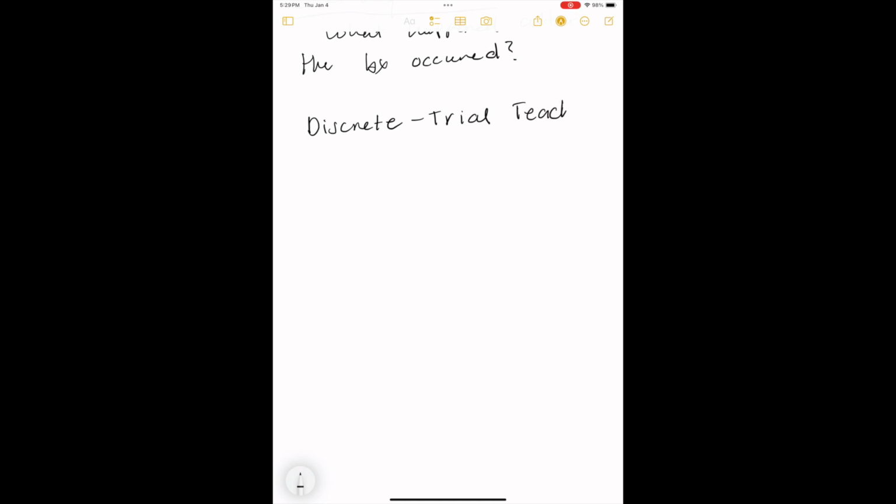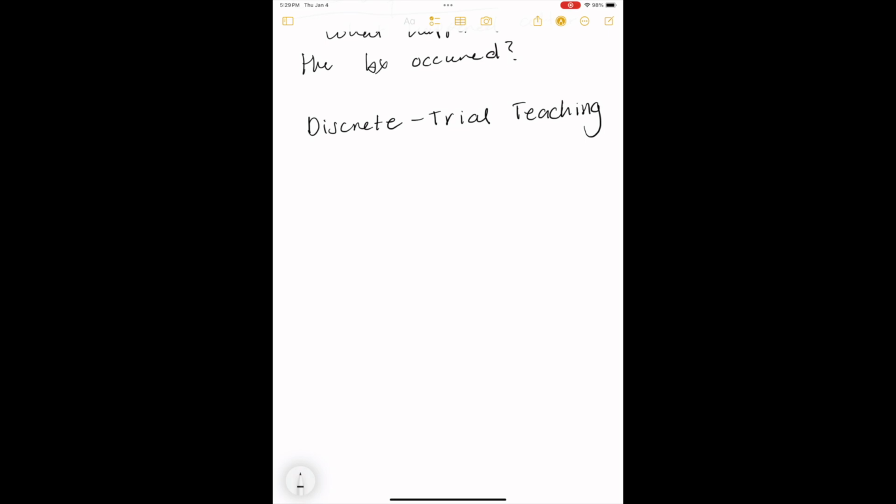I think they more than likely ask you what is DTT, and you would have to say discrete trial training. I don't think they would ask you to abbreviate discrete trial training, because here it says discrete trial teaching. The way I learned it is discrete trial training. It's the same thing, right?